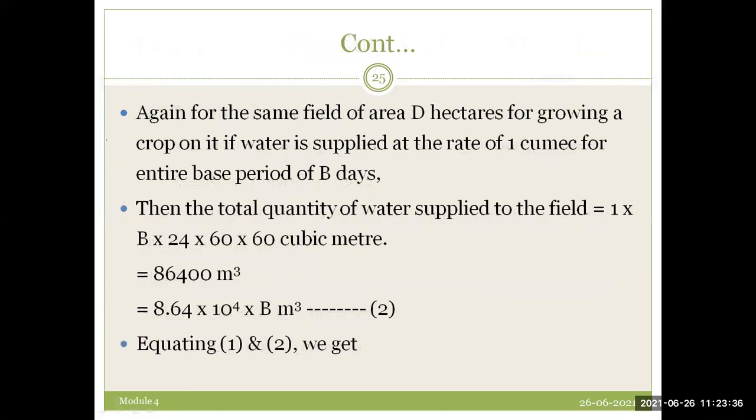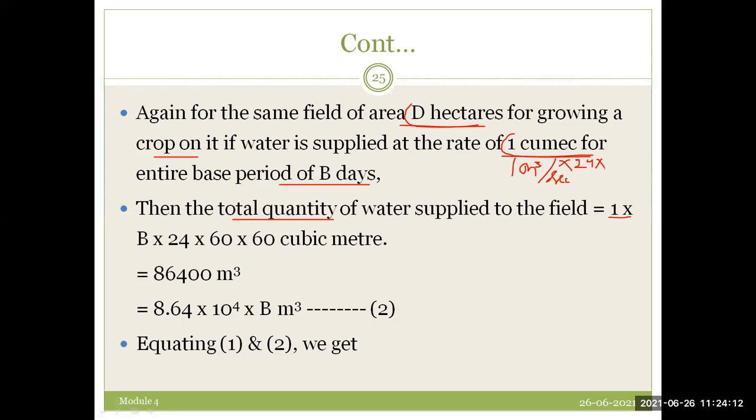Similarly, for the same field of D hectares, for growing the crop on it, water is supplied at the rate of 1 cumec with a base period of B days. Then the total quantity will be 1 cumec, which is 1 meter cube per second. Here we have to convert it into volume, so we have to eliminate the second.